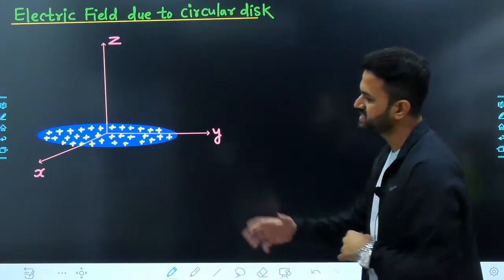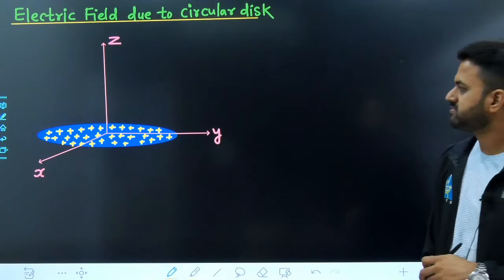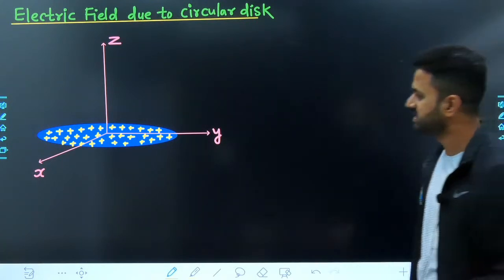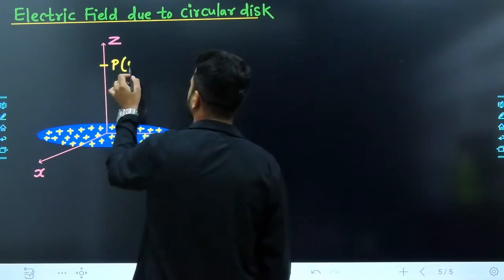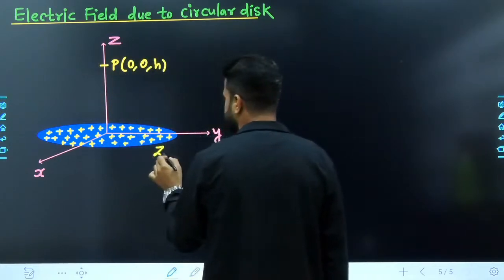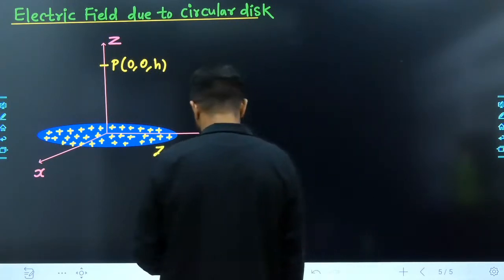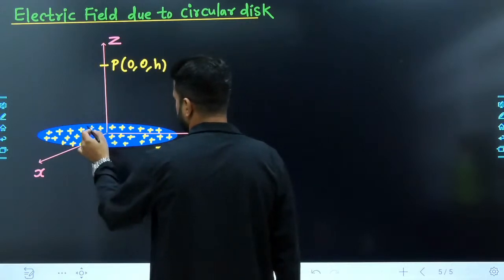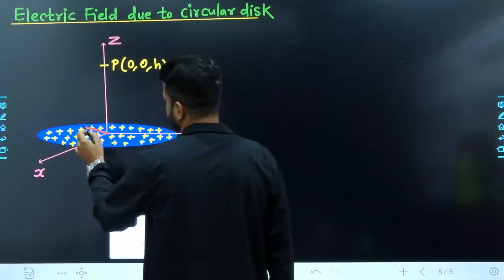The charges are present inside the surface. It is now a surface. So at point P, if you want to calculate, this is 0, 0, H. Again, it is placed at Z is equal to 0. The radius is R.